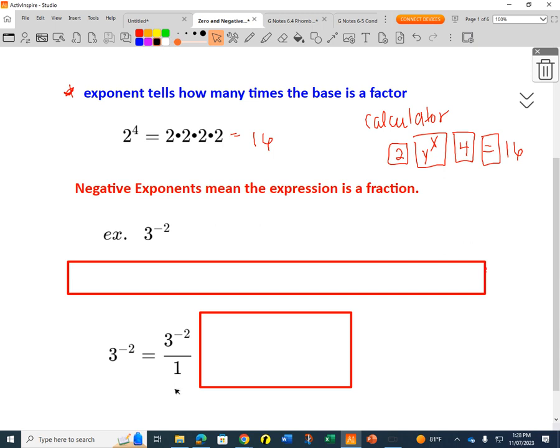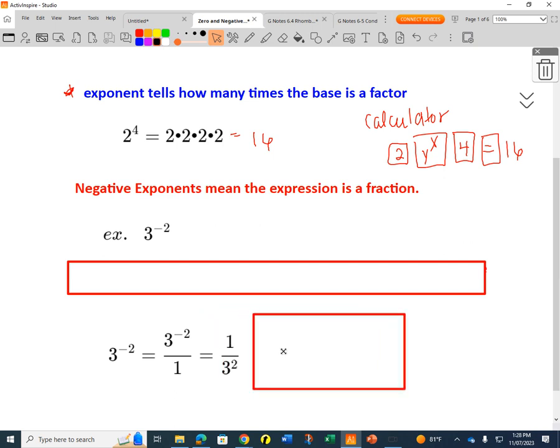All the way up. And then the next thing we're going to do is flip that fraction and turn the negative to a positive. So this expression actually equals 1 over 3 to the second power, which is 9. Okay? Let's go ahead and write that and we'll switch our notes.